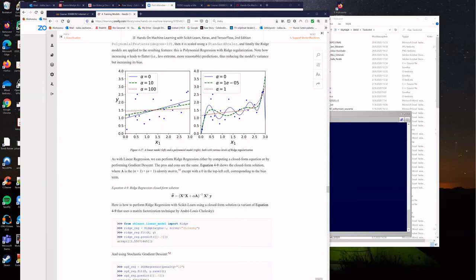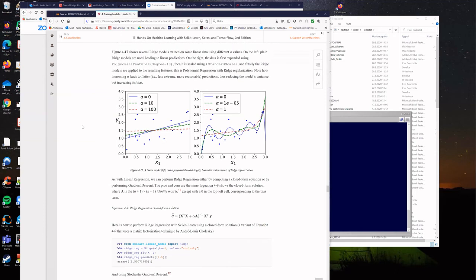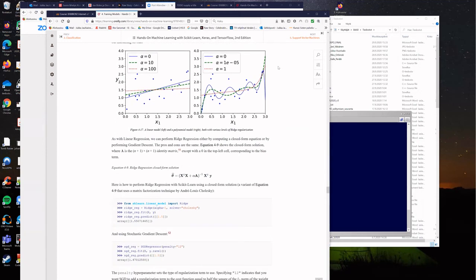This is close to the average value of all these data points. Okay, here's the polynomial model.